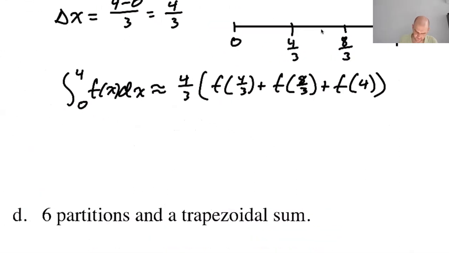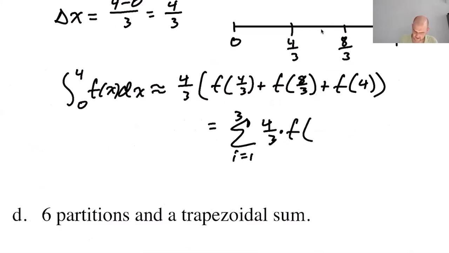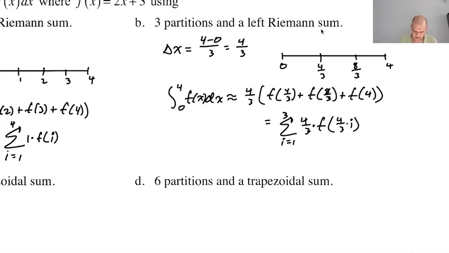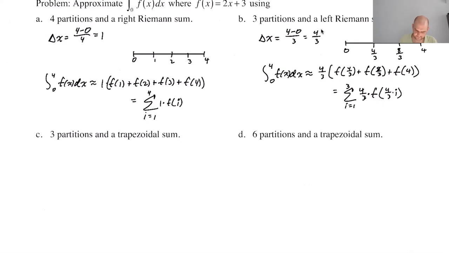And then can we write that as a summation? We definitely can. From 1 to 3, 4/3 is each of their bases, and then f of, so it's really 0 plus 4/3 times I, but I'm just going to write 4/3 times I because 0 plus that is the same. We'll use a calculator in a second.